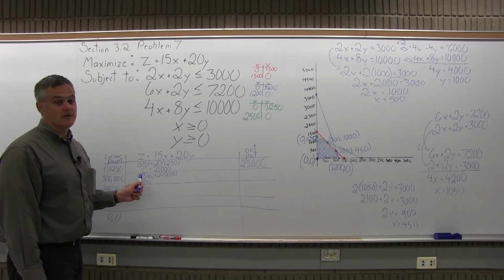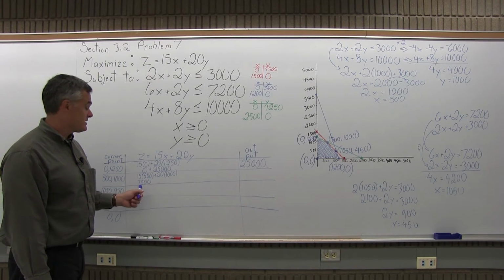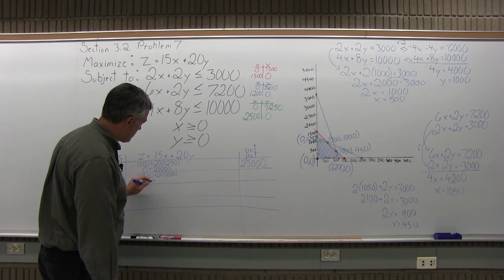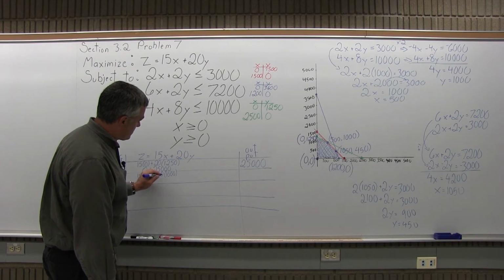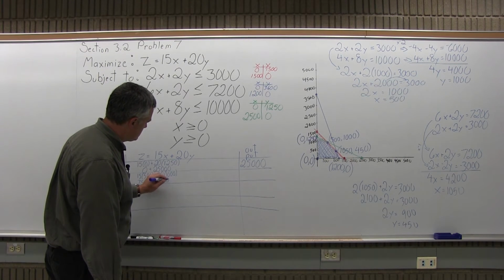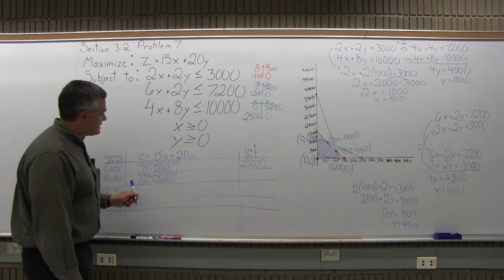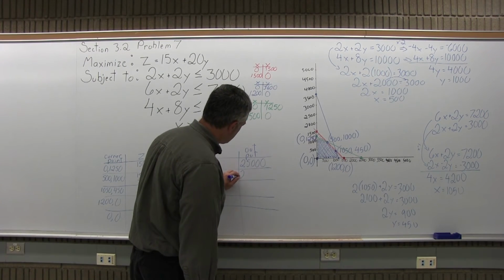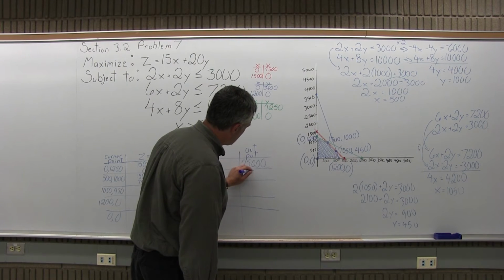I'm essentially just doing 15 times 5, and I know that's 75, and I put the 2 zeros back. Feel free to do stuff like that with your calculator. And the next multiplication, 20 times 1,000, is 20,000. And now 7,500 plus 20,000 is 27,500. So our output has gotten a little bigger.